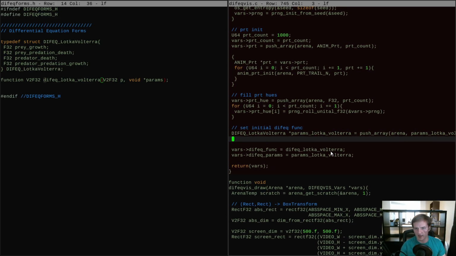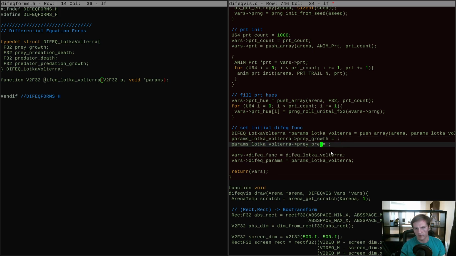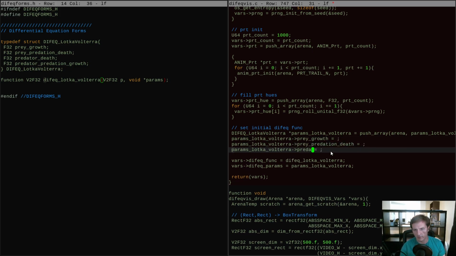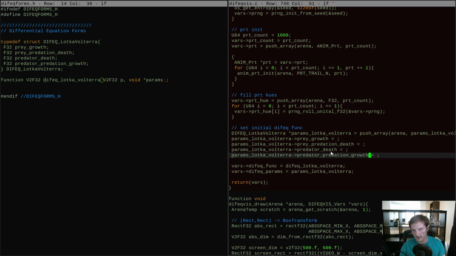This will get more sophisticated if we keep building this thing, but this is a good way to get it going for now. Prey growth, predation death, predator death, predation growth: 2, 1, 1, 1, right?